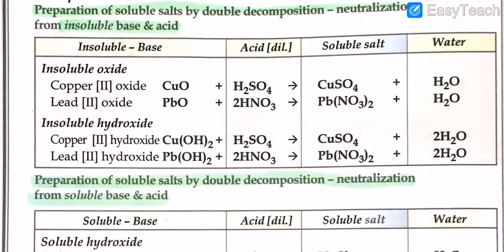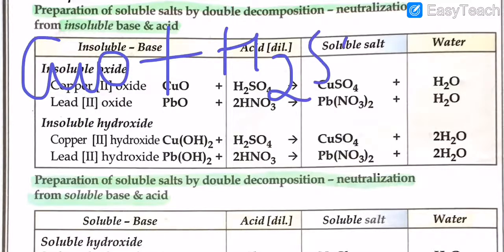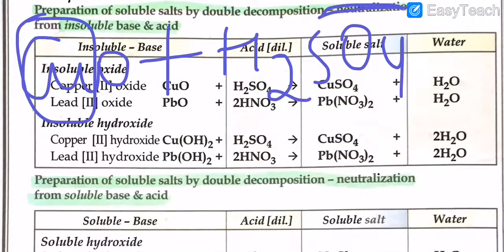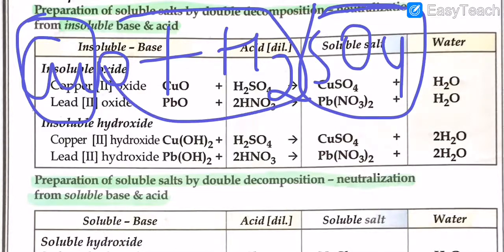So let's take the insoluble base CuO plus H2SO4. Again, H2SO4, we all know, is sulfuric acid, and it's dilute sulfuric acid. So CuO is your base plus H2SO4. So what will happen? Of course, Cu will go with SO4, and H2 will come together.